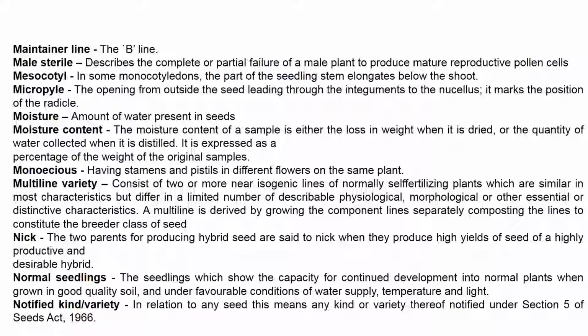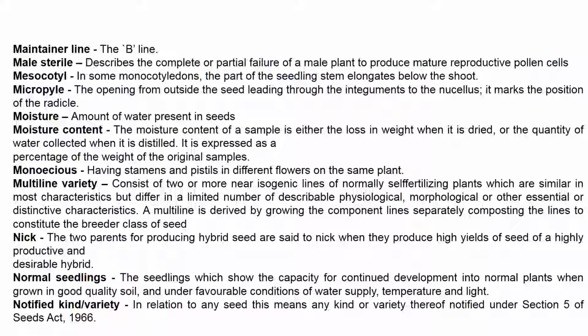Monoecious, having stamens and pistils in different flowers of the same plant. Multiline variety. It consists of two or more near isogenic lines of normally self-fertilizing plants which are similar in most characteristics but differ in a limited number of desirable physiological, morphological or other essential or distinctive characteristics.